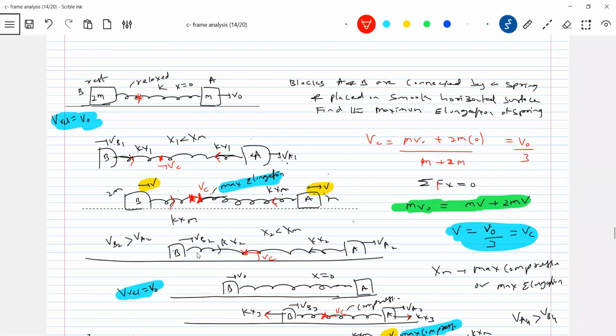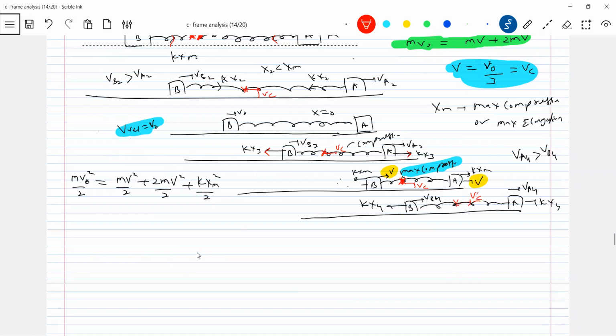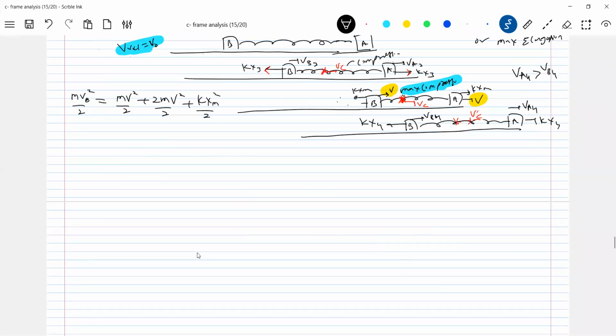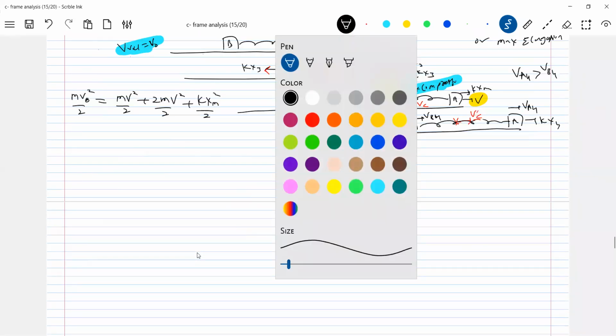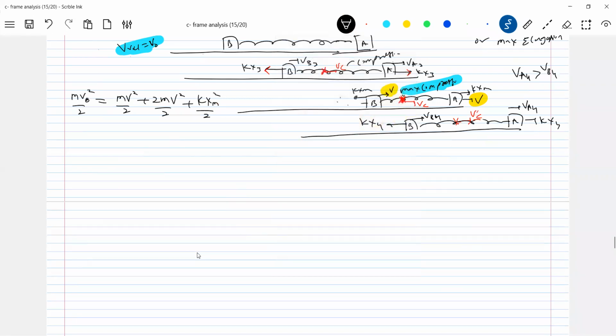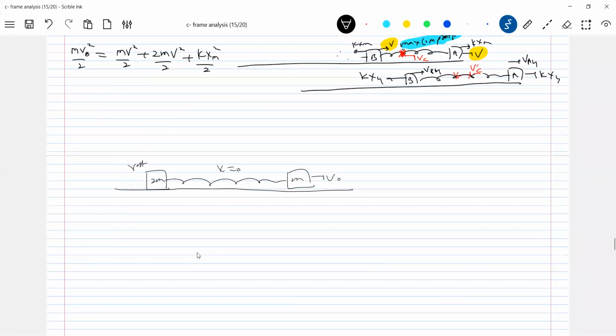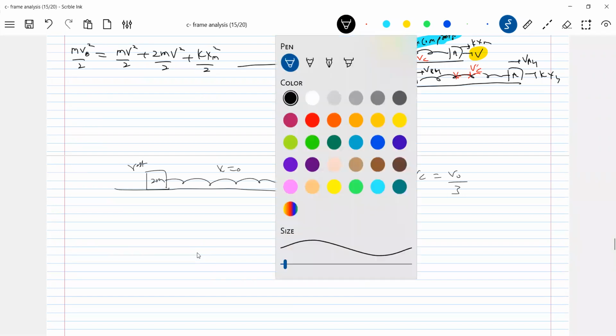What was the system given? Velocity V0 and 2m, no? I'm coming to the C frame analysis. I'll retain the initial diagram. So this is m, V0 is released and that is placed on the ground, which was at rest. In the C frame, the velocity of center of mass, I think I already discussed, is V0 by 3.